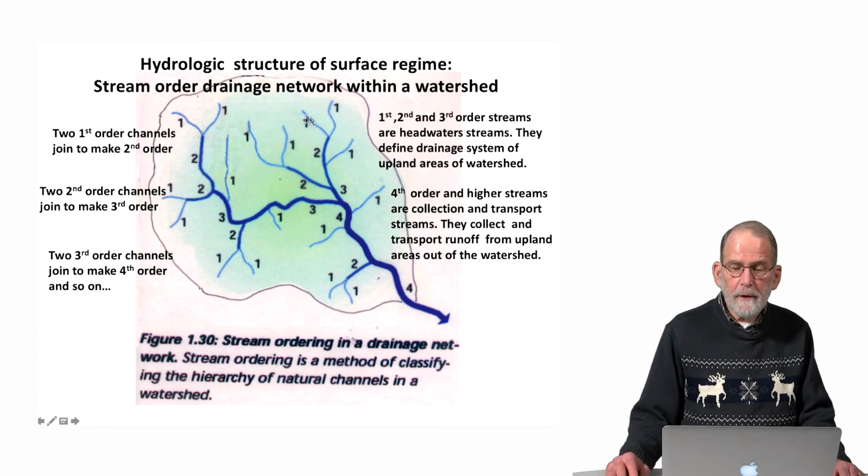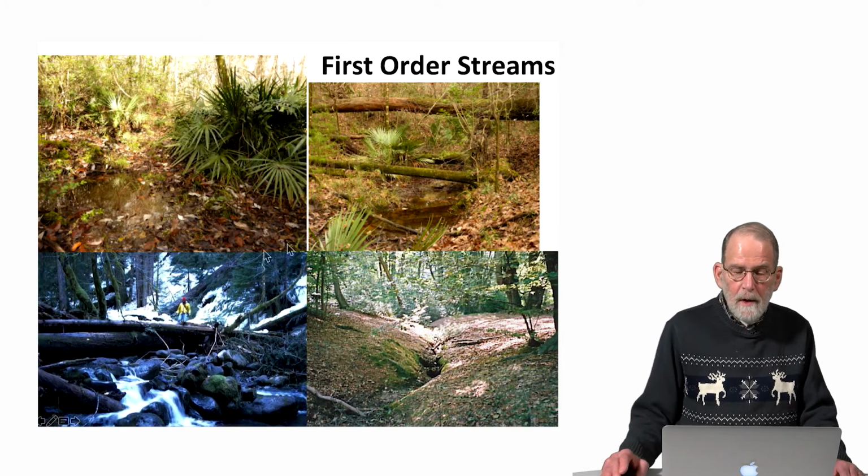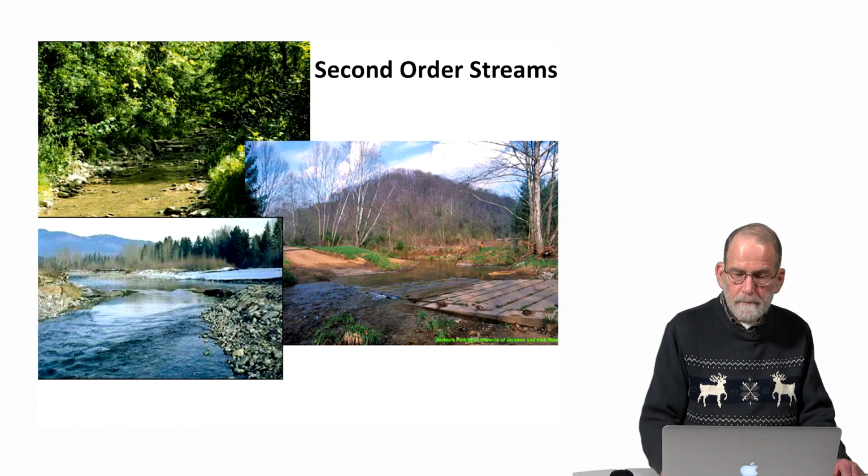These first order channels are pretty high up in the watershed relative to the second order channels, especially relative to the fourth order channels. Here we can see a dry stream bed that is not carrying any water at all. Again, this is another example of a first order channel.